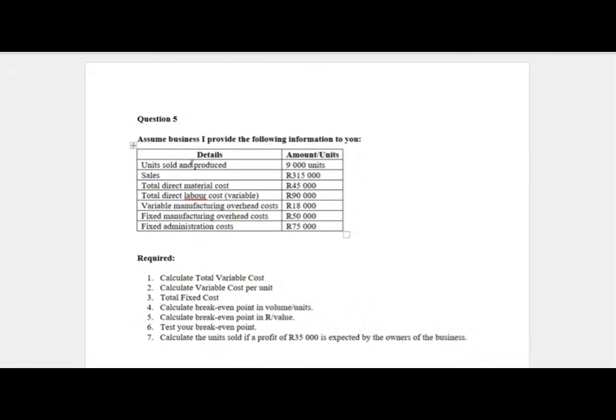So now it means we need to go and look for number of units sold, because our total variable cost is right there, up there. We have 153,000 rand, okay? And then you divide by the number of units sold. Let's go and check. The number of units sold and produced is 9,000.